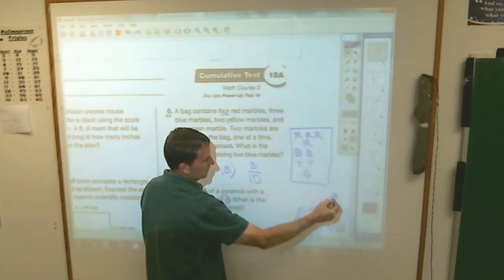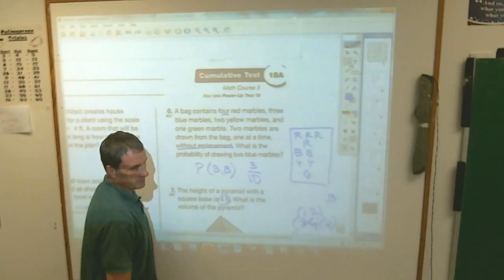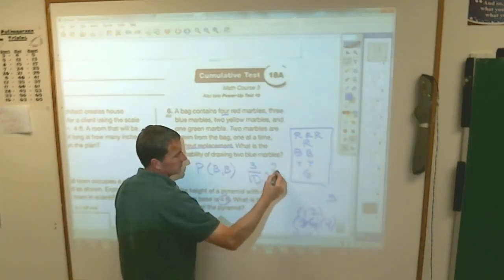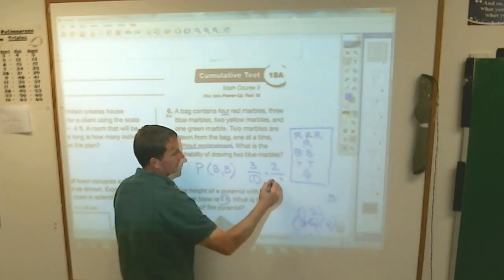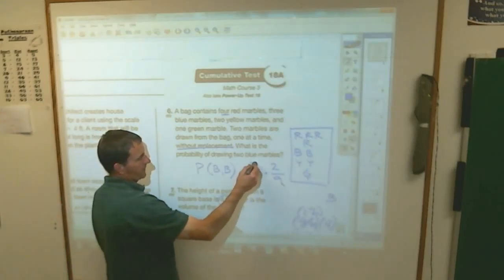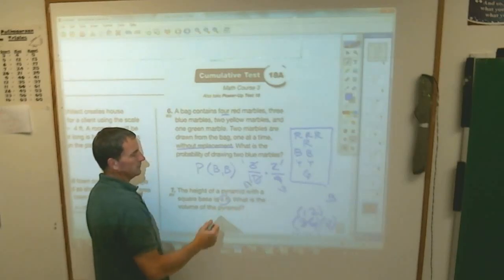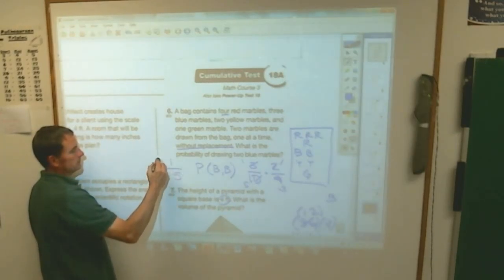You're not putting that blue marble back in, so the probability for your second draw changes. Now how many blue marbles are there? There's only 2. And how many marbles are left in the bag? 1, 2, 3, 4, 5, 6, 7, 8, 9. That's going to be your probability when you figure it out. I cross cancel. 3 goes into 9 3 times. 2 goes into 10 5 times. The probability is 1 in 15.